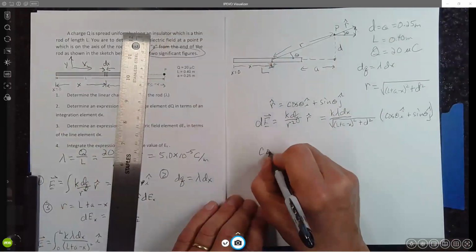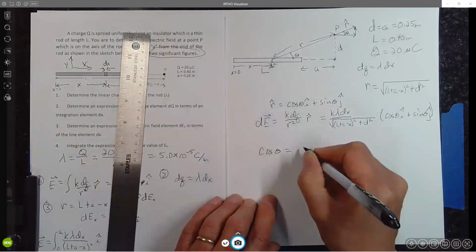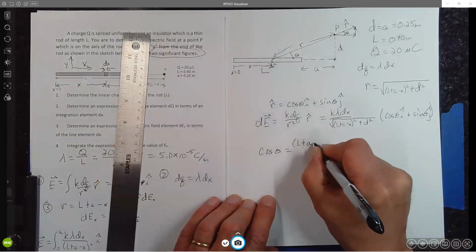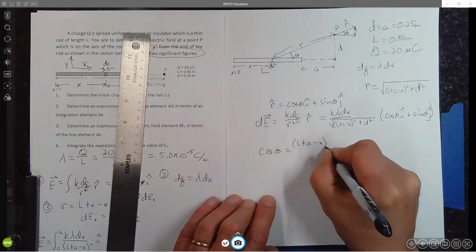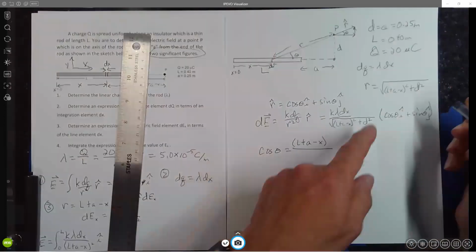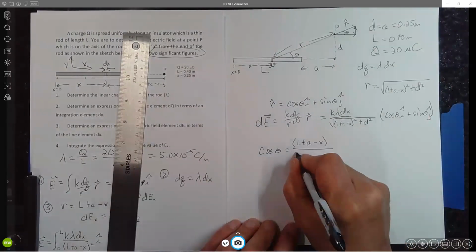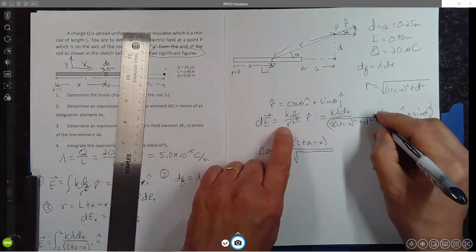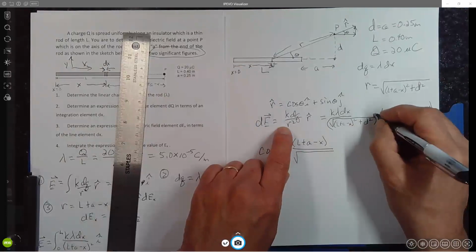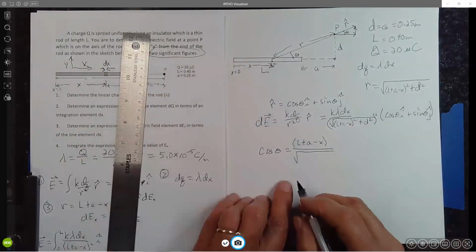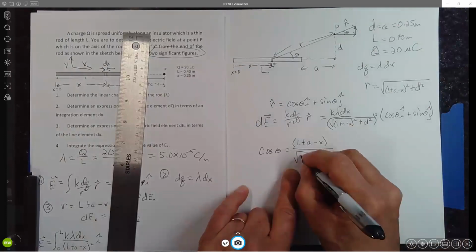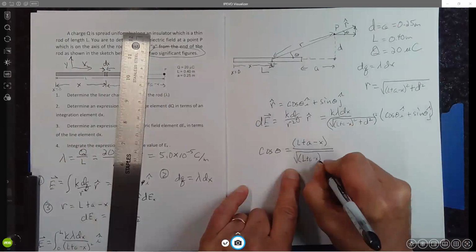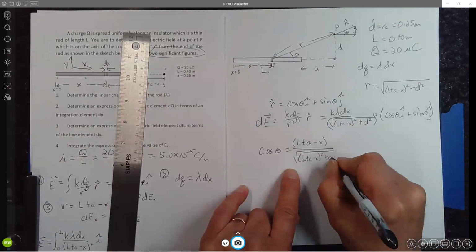So cosine of theta is going to equal L plus a minus x divided by r, but r was that thing, which is, oh, this is r squared that's down here. R is the square root. This is r squared, so it's not going to be the square root. But anyway, I'll have L plus a minus x quantity squared plus d squared.